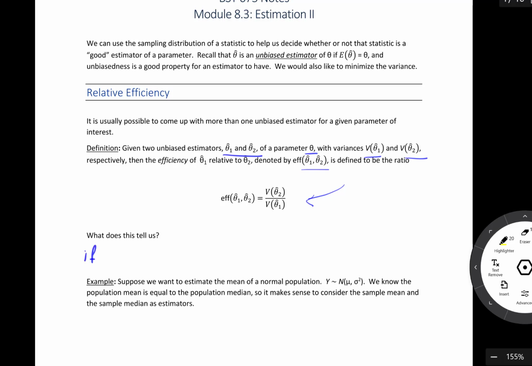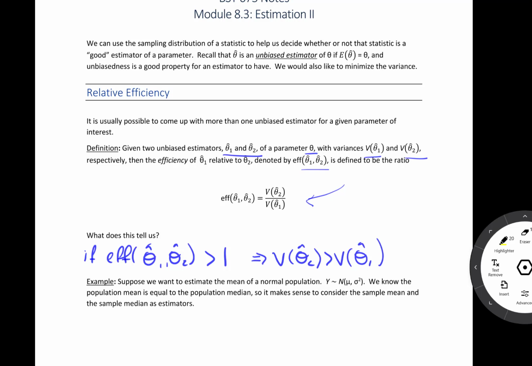Notice if the efficiency of theta hat 1, theta hat 2 is greater than 1, then that tells us that the variance of theta hat 2 is greater than the variance of theta hat 1. So in this case, theta hat 1 would be more efficient.